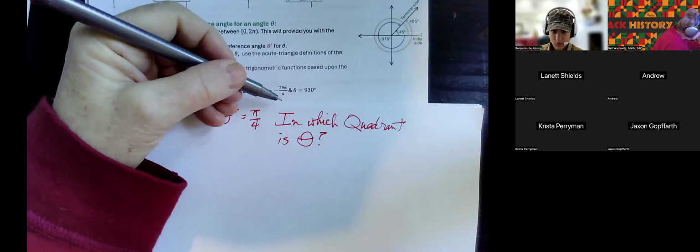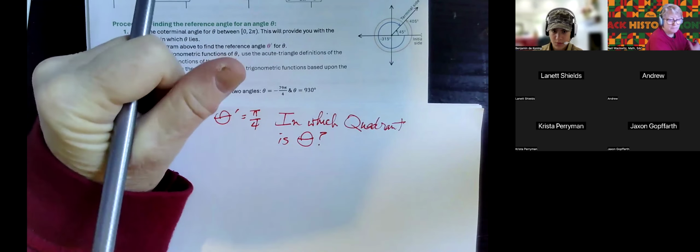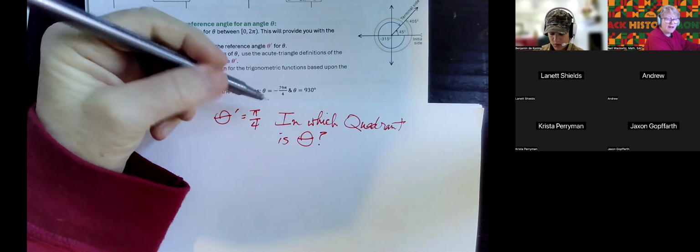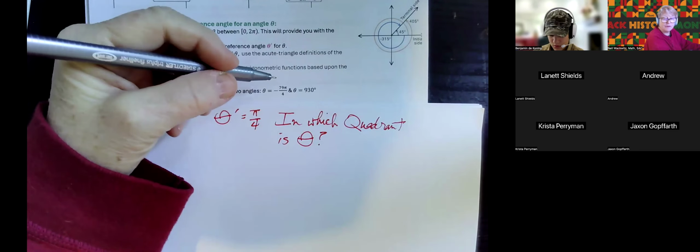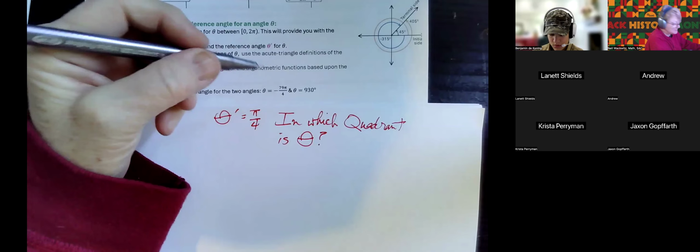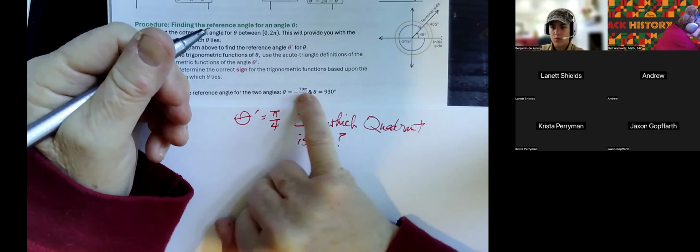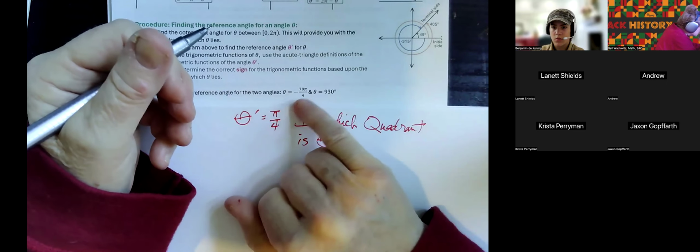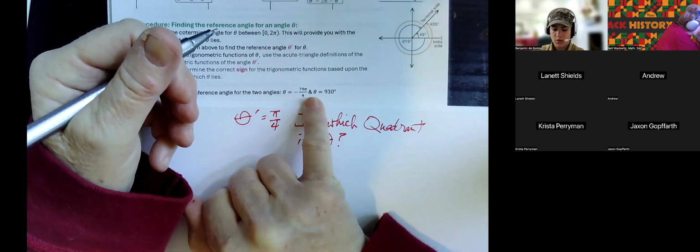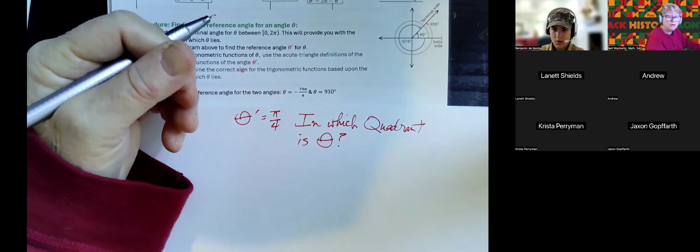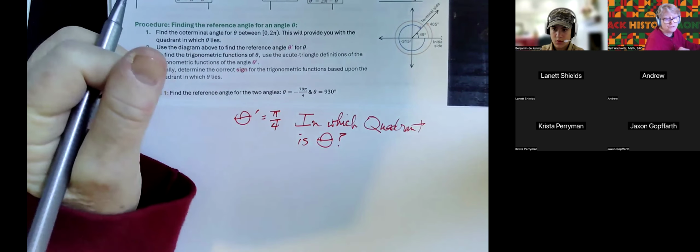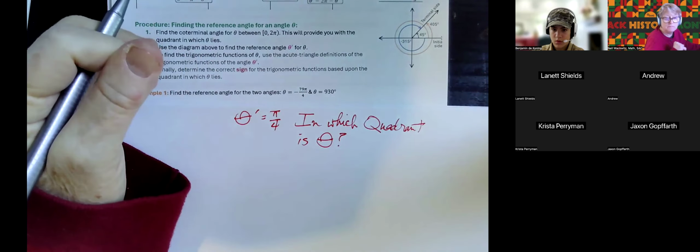Now this denominator is 4. I don't want to add and add and add and add. That would take forever. And that's why I made the numbers big. But how can I start at negative or positive, it doesn't matter, how can I start at 79 pi over 4 and get quickly to something closer to 0?